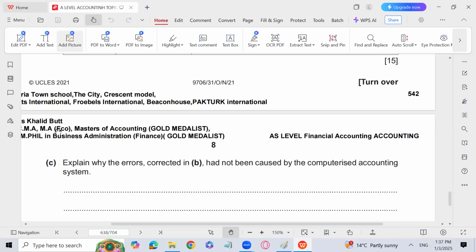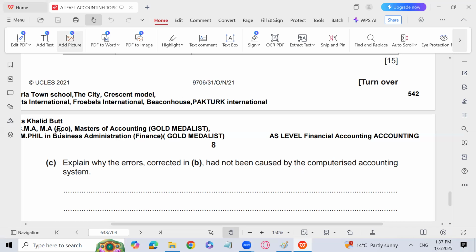But here it is because of the wrong accounting procedures adopted by the people, by the management, by the accountant. That is, the errors were made in the data input rather than processing errors. So that is not a computerized processing error. It is because of the wrong data input by the management because they have applied the wrong accounting methods. The accounting standard has not been adopted properly.